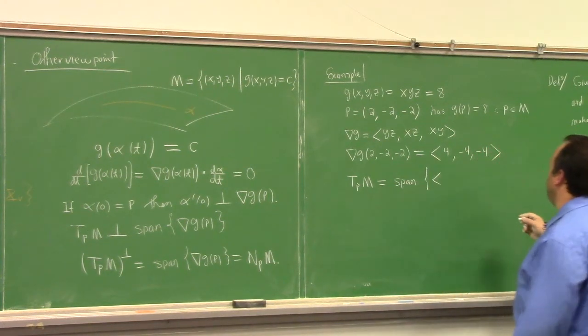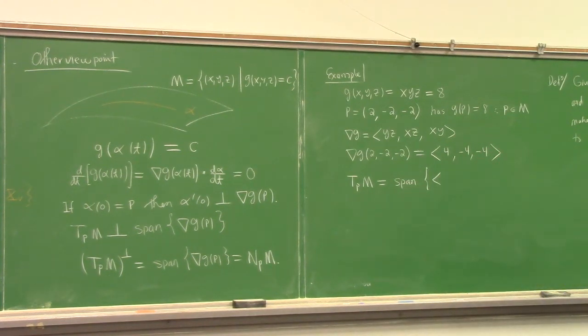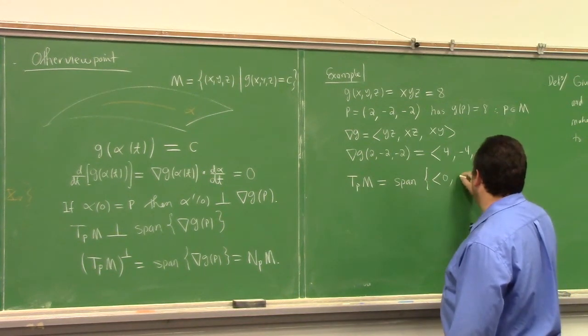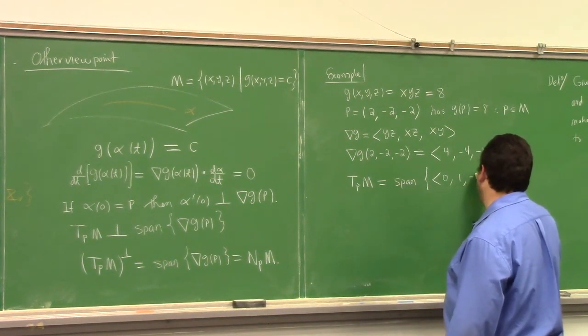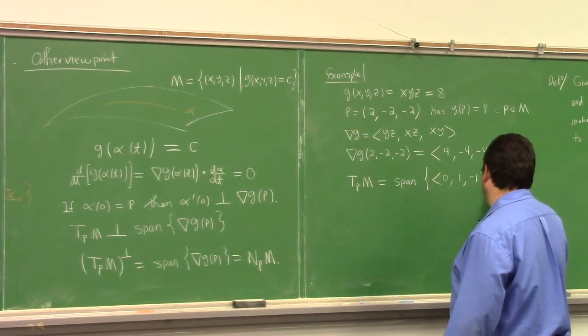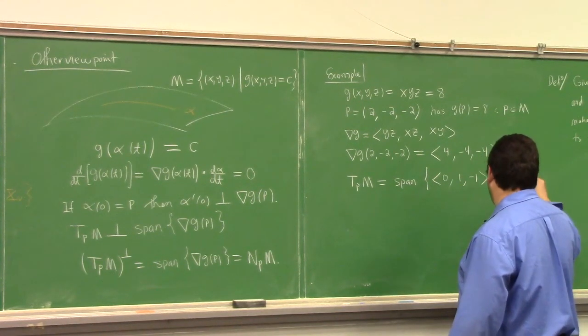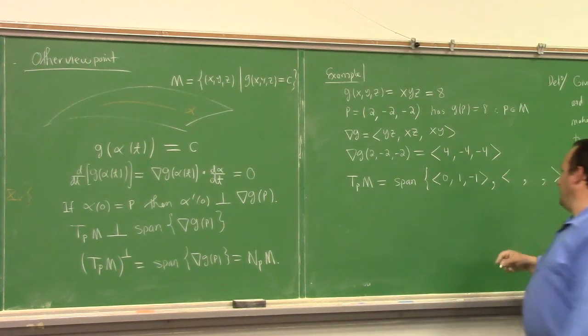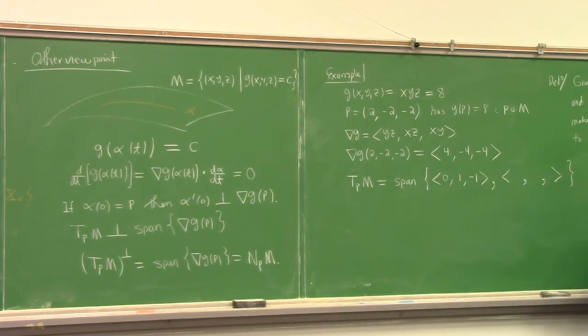So we are going to be lazy. We are going to guess the vectors which are perpendicular to this vector. I will start with 0, 1, minus 1. You can easily check that that vector is perpendicular, right? The dot product of those two is 0, right?